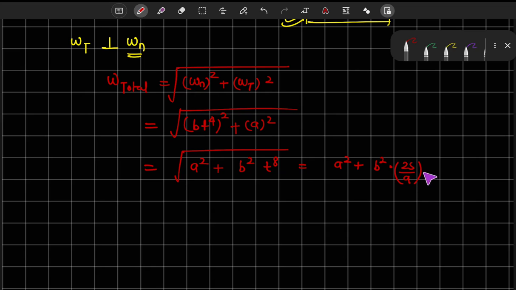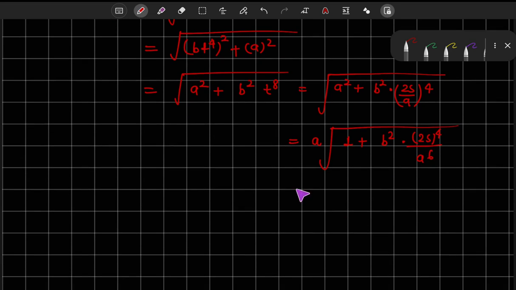Okay, let us take the common factor, that is a square. So we will get a times square root of 1 plus b square into 2s to the power 4 divided by a to the power 6, so from here we will get a times square root of 1 plus 4 into b into s square divided by a cube whole square.